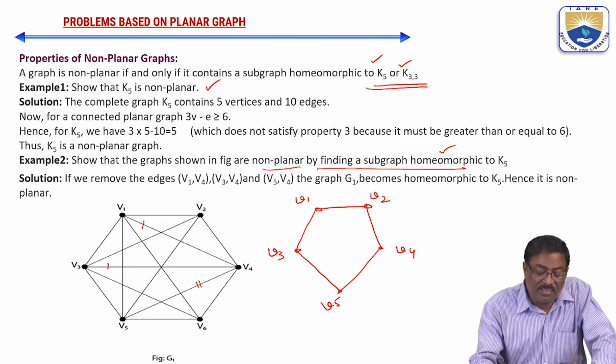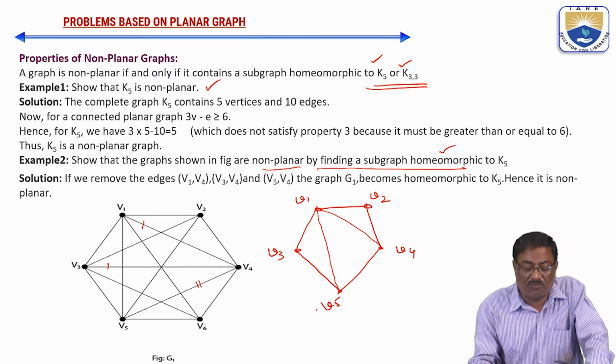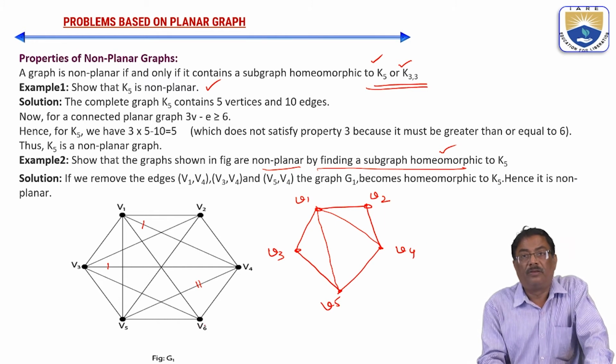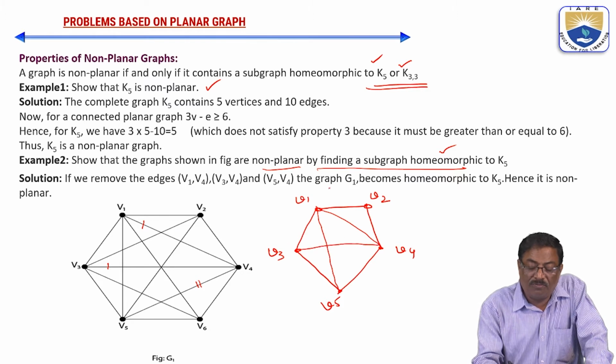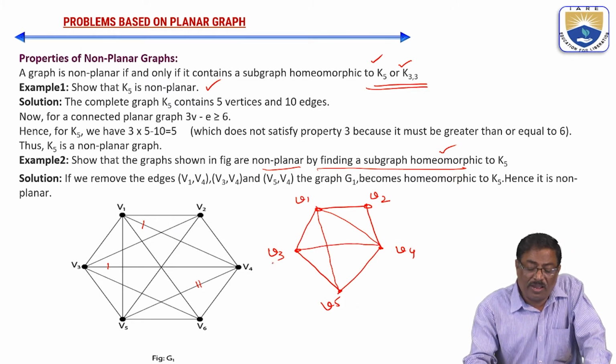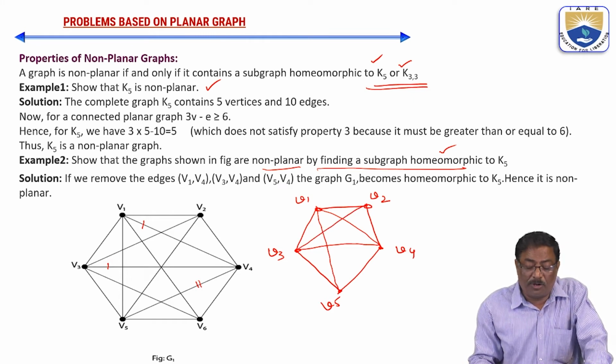The adjacent edges of the removed vertex are also removed. Then V3 I connect to V4, V1 is already connected, and V1 and V2 I connect.